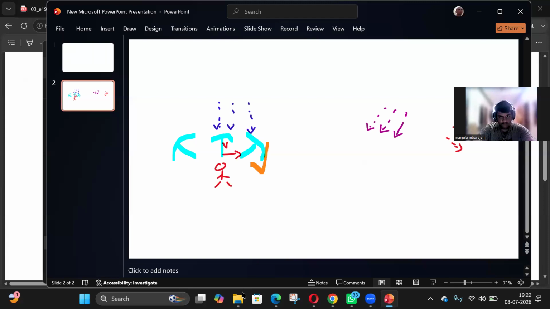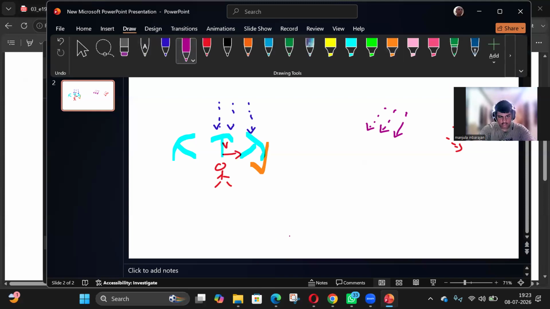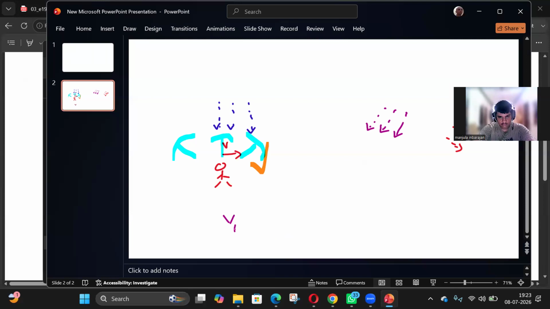Yes, sir. Okay, so one way to understand this: the umbrella direction should be the direction of the velocity of rain with respect to the man. It will be a vector. By definition, it is the velocity of rain with the man as reference. With respect to the man, how is the rain coming down? All are vectors. Is this clear? Yes, sir.